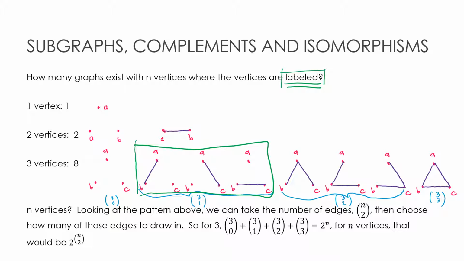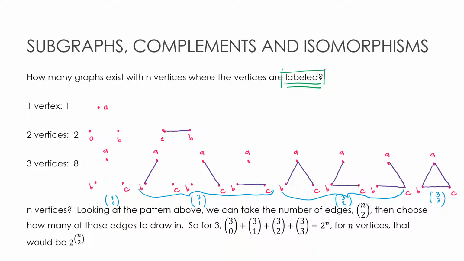So if I were doing this same thing with unlabeled vertices, then this first graph would really be the same graph rotated for this guy or for this guy. But because we're dealing with labeled graphs, they count as 3 different ones.